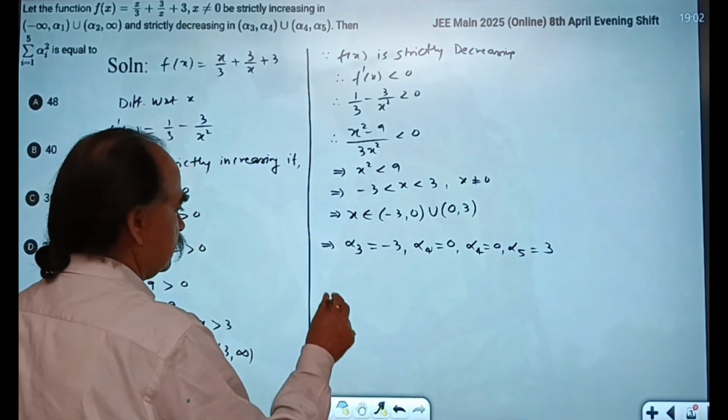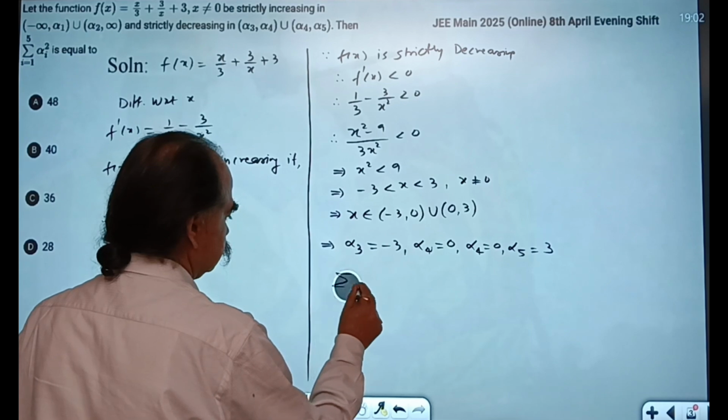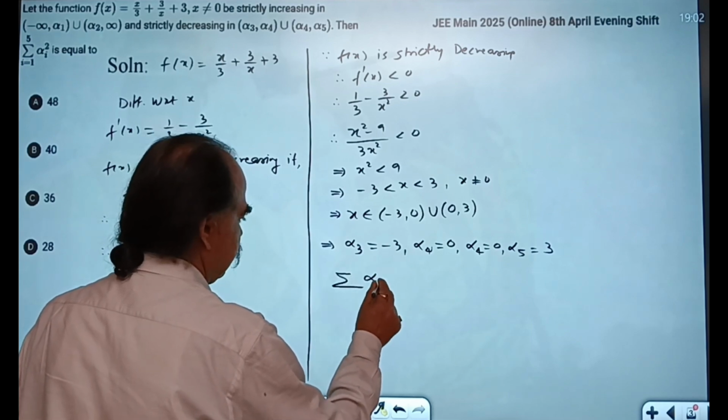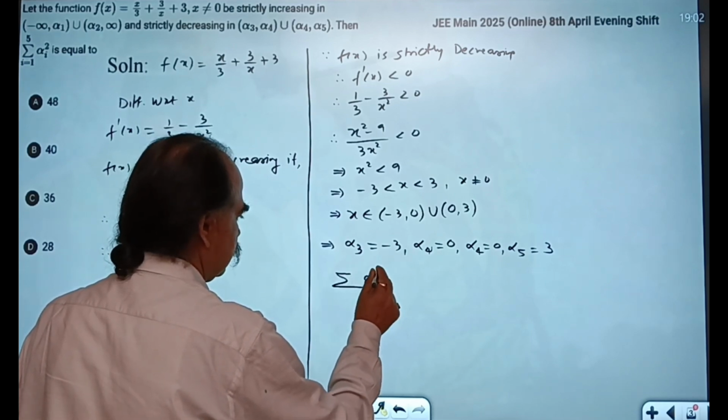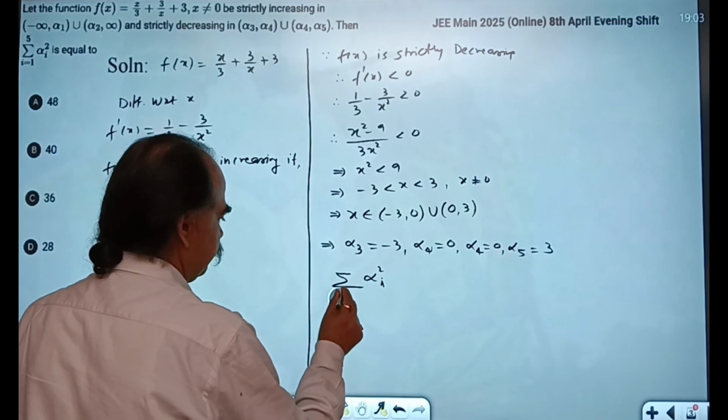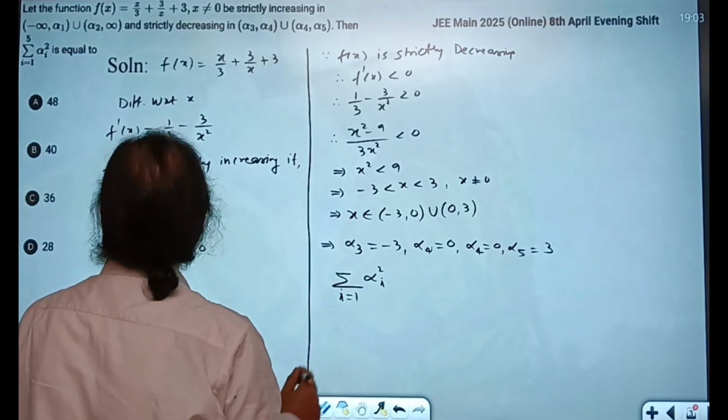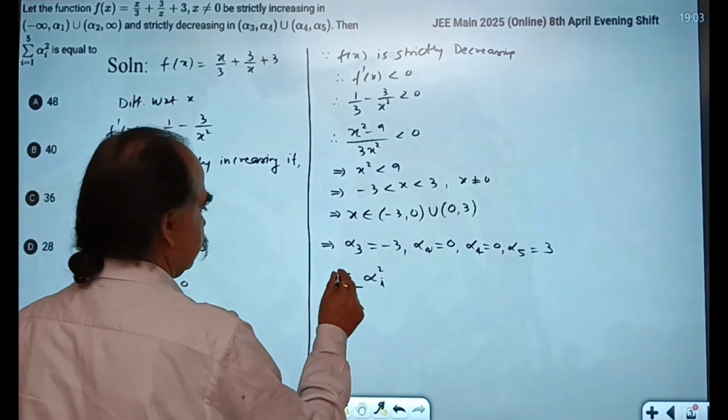We want the sum of alpha i square, where i takes values from 1 to 5.